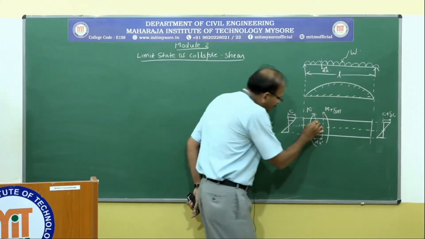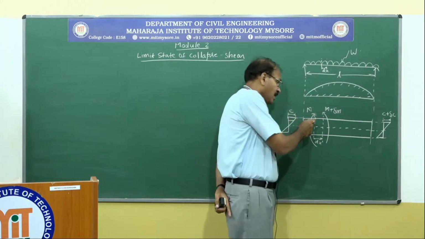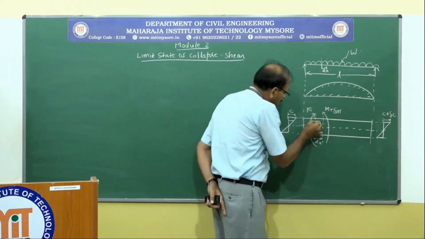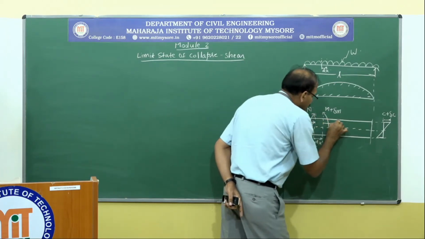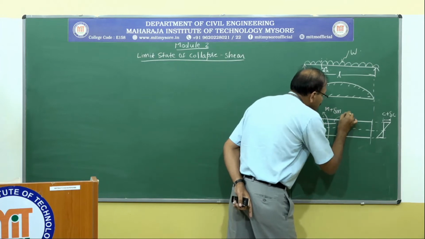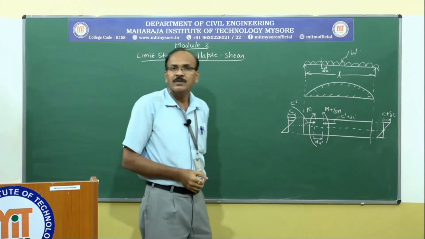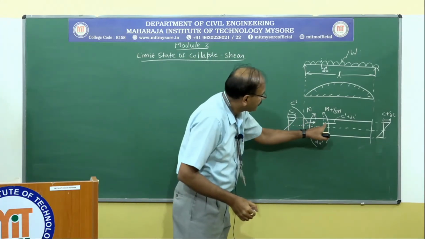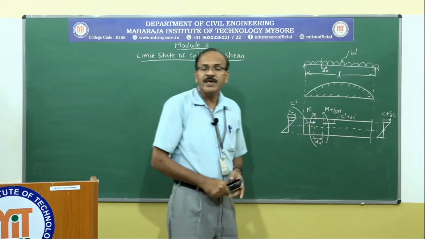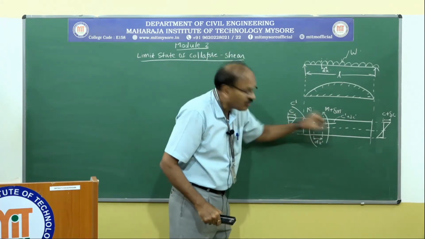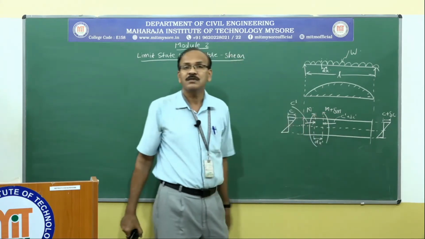So if I take here the stress is say C dash, if I take at this point the stress is going to be C dash plus delta C dash. So look here. There is going to be change in the horizontal stress from this section to this section.